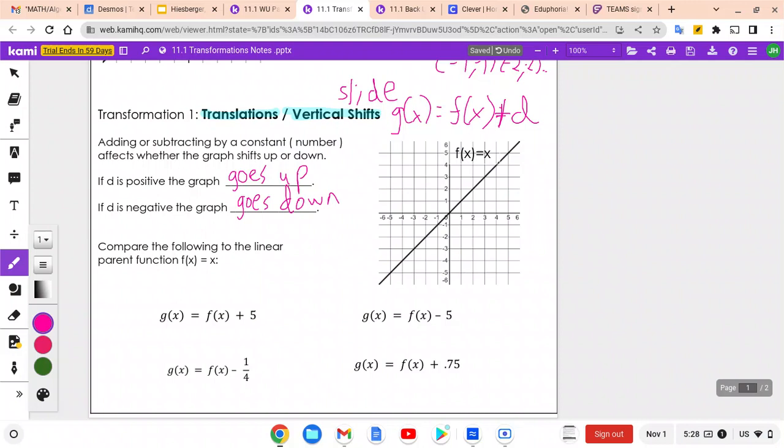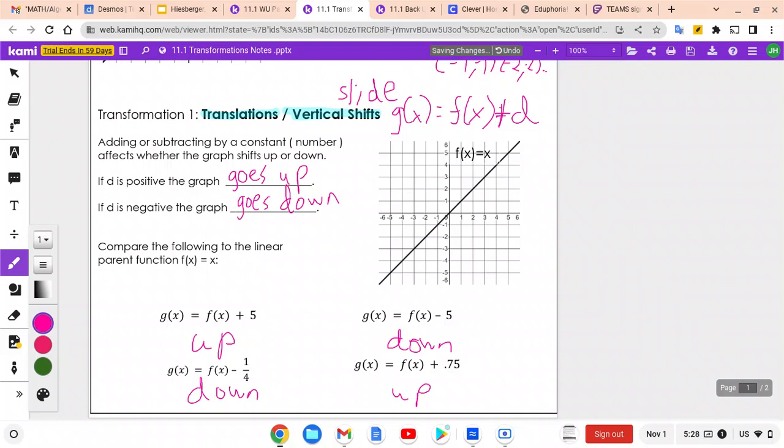Down here at the bottom, g of x equals f of x plus 5. It says plus 5, so the line will shift or slide up. But if it says g of x is f of x minus 5, it's going to go down. This one will go down because it says minus. This one will go up because it says plus.